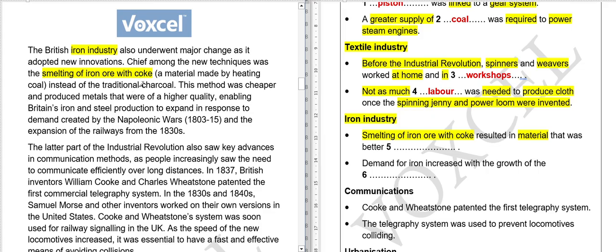Here coke refers to a material that is made by heating coal instead of the traditional charcoal. This method was cheaper and produced metals of a higher quality, enabling Britain's iron and steel production to expand in response to demand created by the Napoleonic Wars, 1803 to 15, and the expansion of railways from the 1830s.